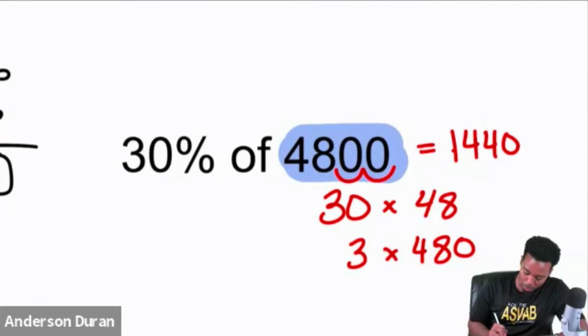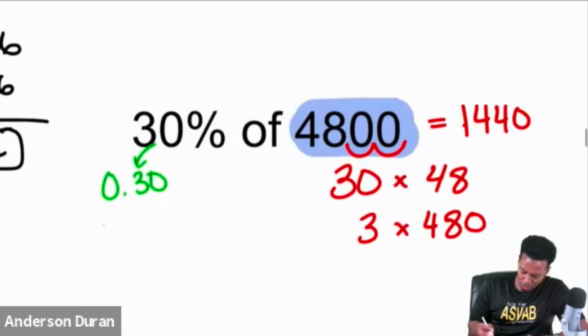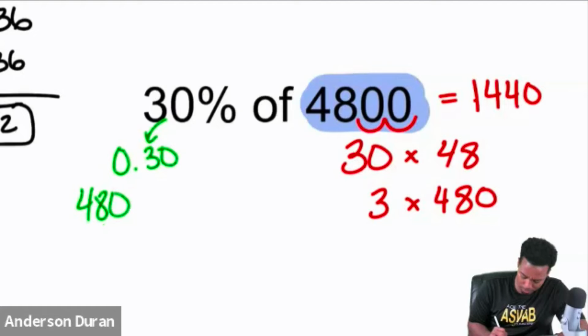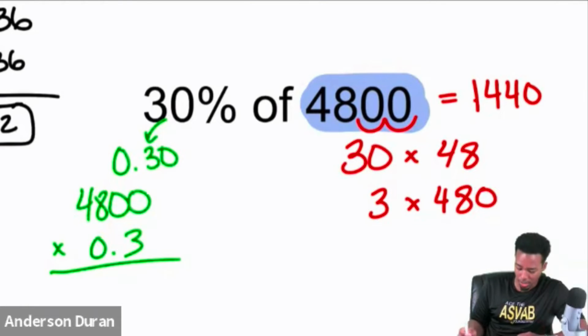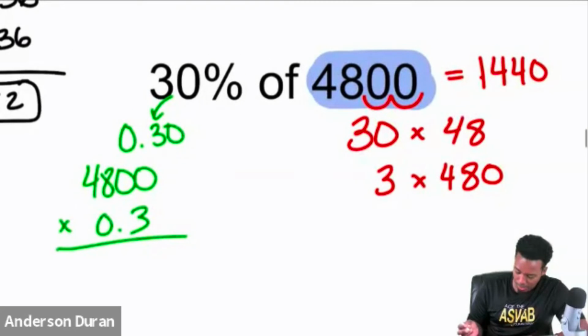The normal way would have been to put 0.30, and then we would just do 4,800 times 0.3. And then we would do our thing, and we would end up getting something to the effect of 14400 right there.